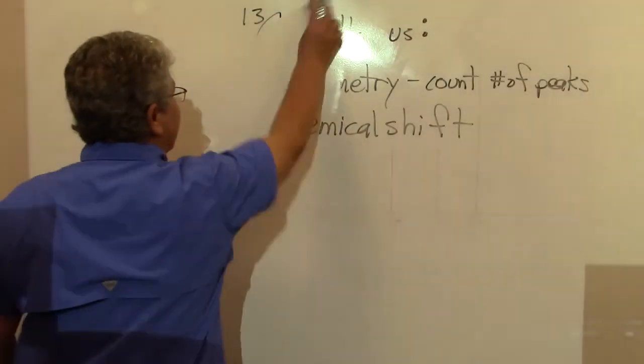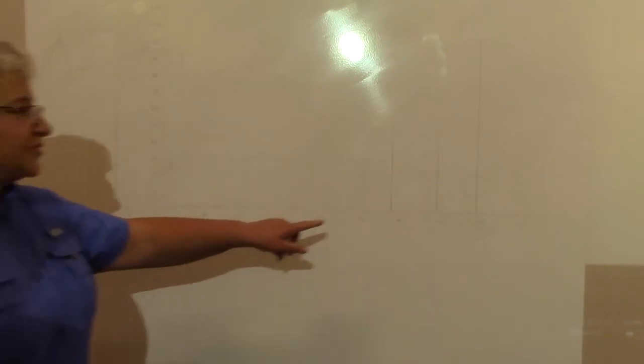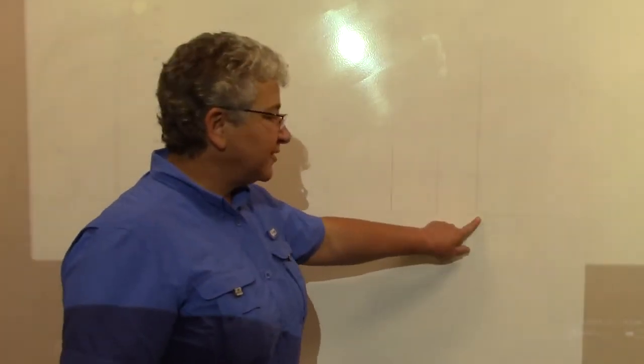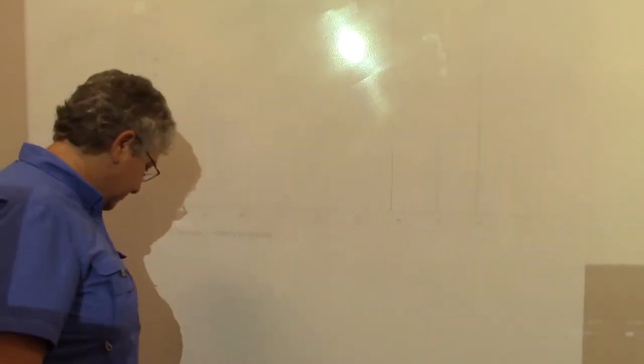What I'm asking you to do is to draw this molecule, 1-bromo-2-methylpropane, and then to tell me which one of these peaks represents which carbon in that molecule.